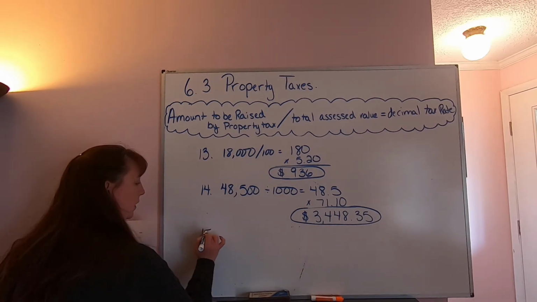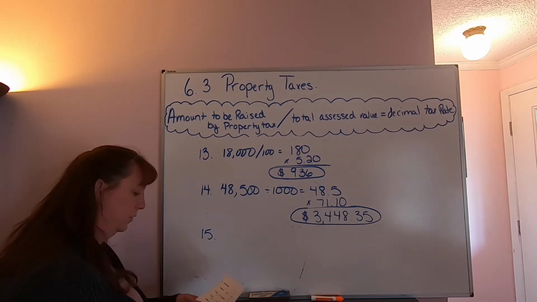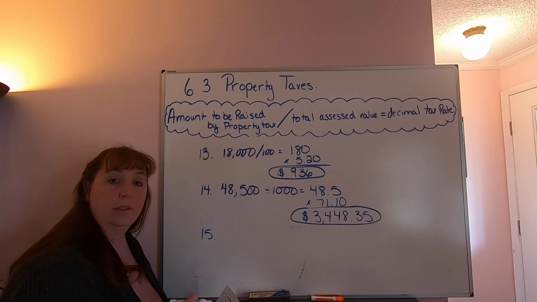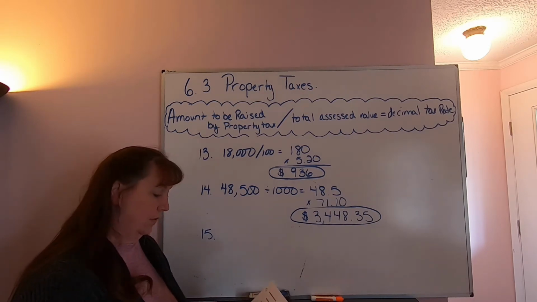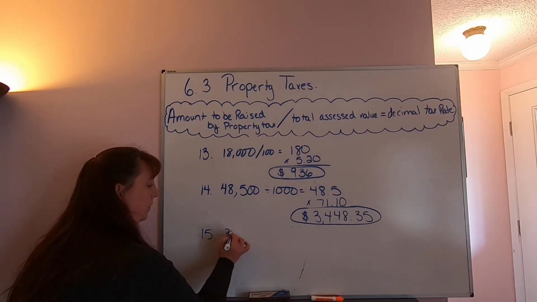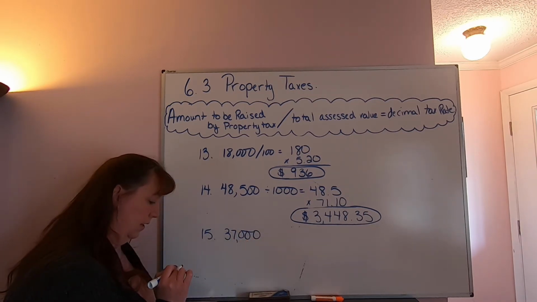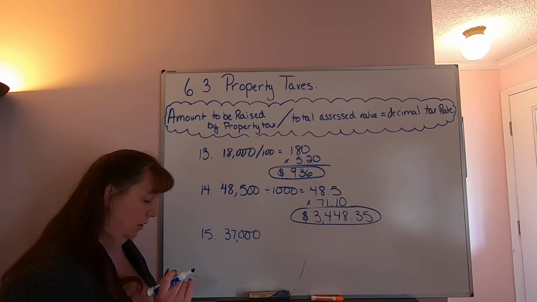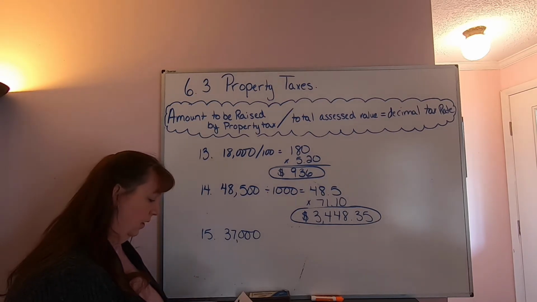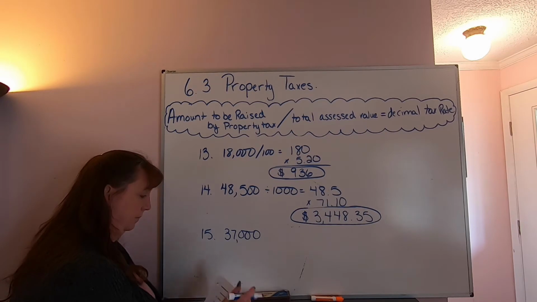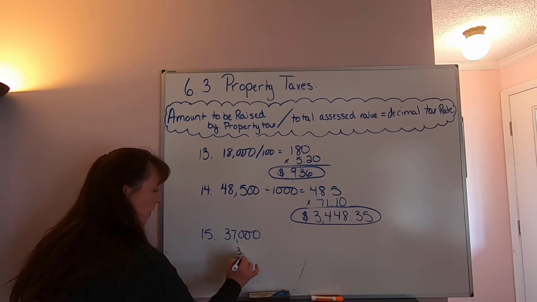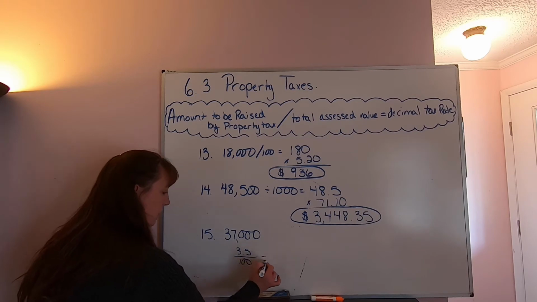Question 15 says your assessed value is $37,000. And it says it's 3.5 cents per dollar. So we said we need to take that 3.5 and divide it by 100 because we're changing cents.